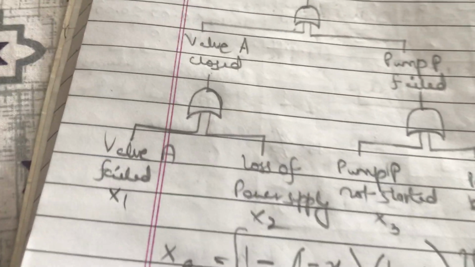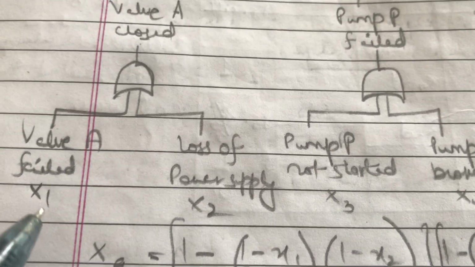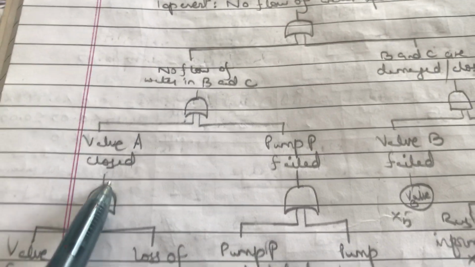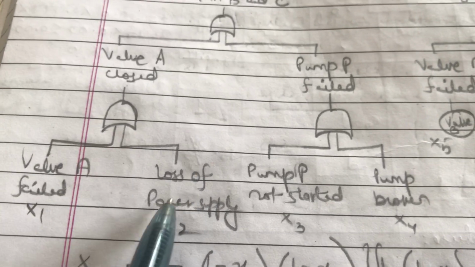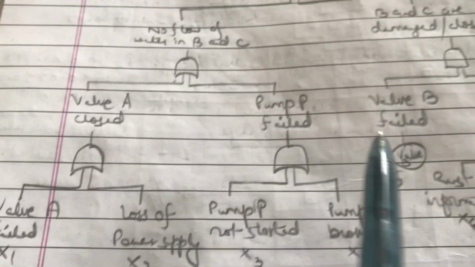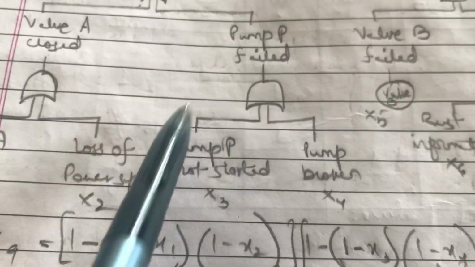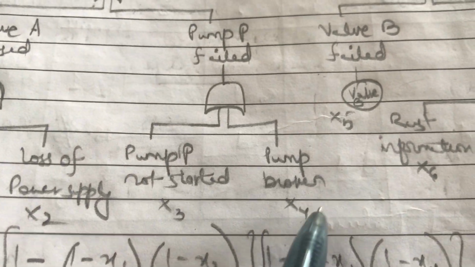So we write valve A failed, this was the first one, as x1, and the others you remember coming from here and here. We say this as x1, this as x2, this as x3, this as x4, and this is x5.